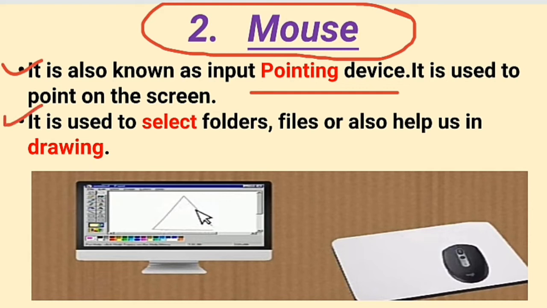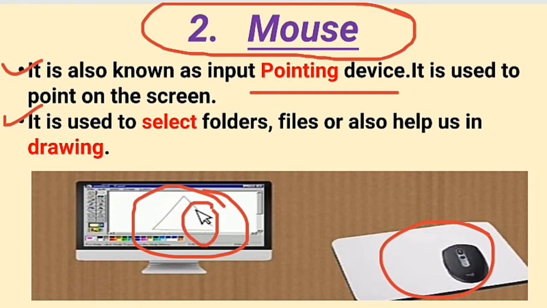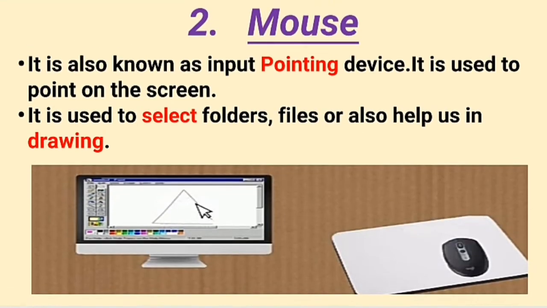It is used to select folders and files, and it also helps us in drawing. Here you are watching that this is the mouse. When we move it like that, our pointer moves on the screen and helps us to draw.